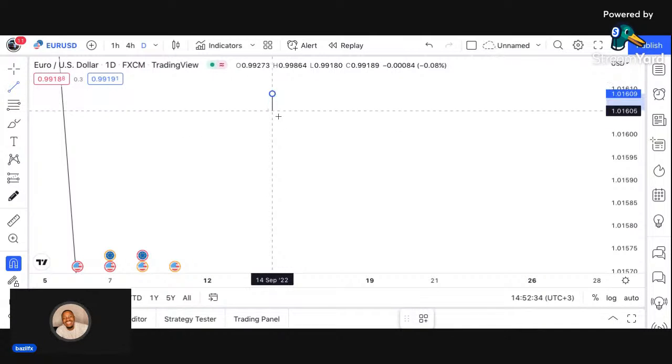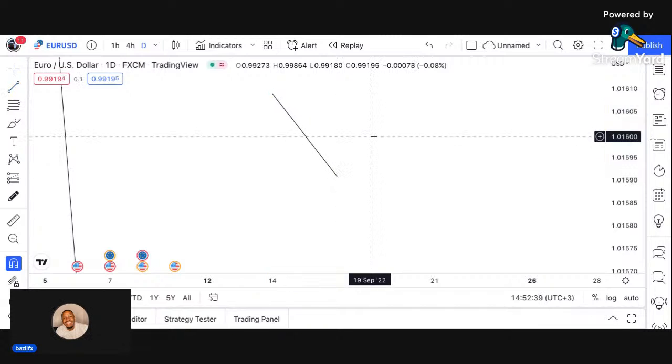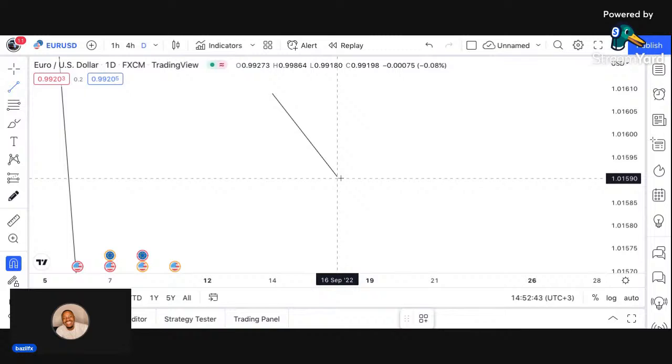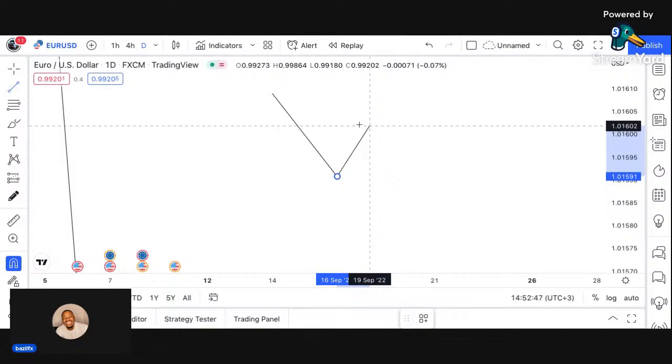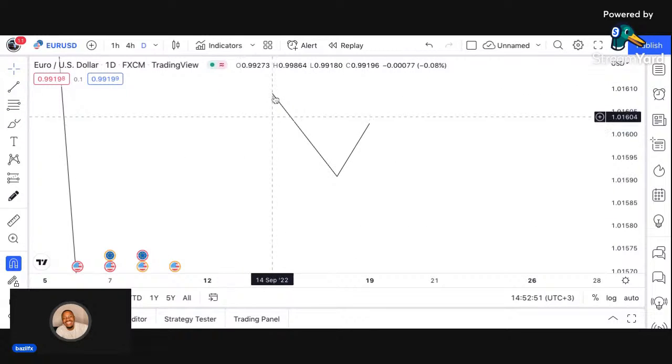So on a downtrend, we need to have price coming down like this. You see, this is an impulsive move to the downside. Then the retracement has to go up like this. Again, from here to here, this is 100%.